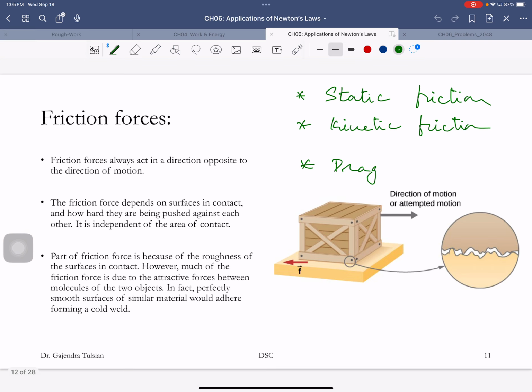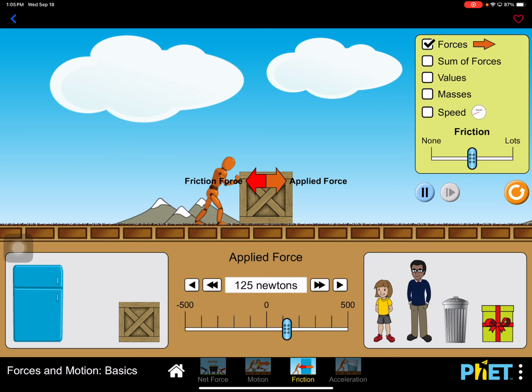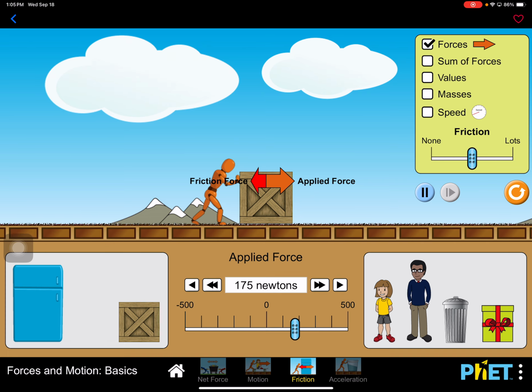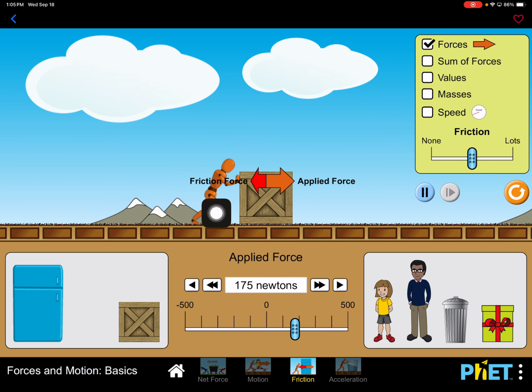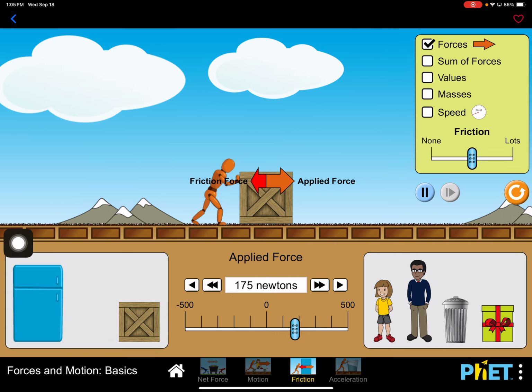So now I'll increase the force. The applied force is 175 newtons. Now the friction force is a kinetic friction force, and the object will accelerate.